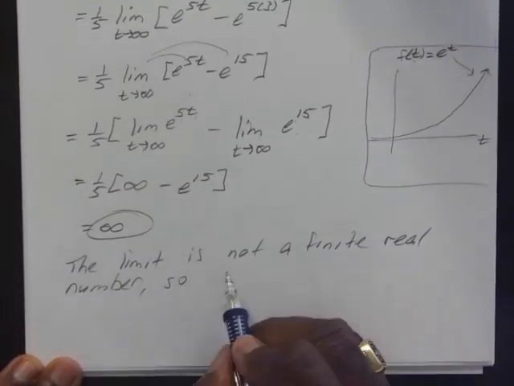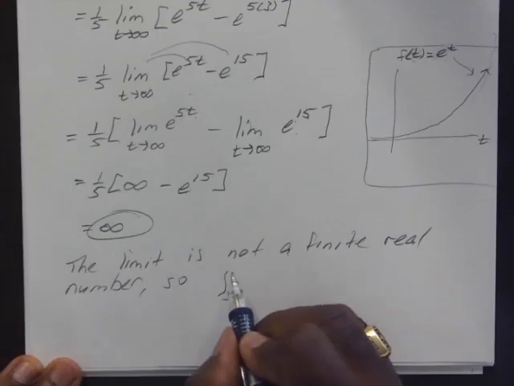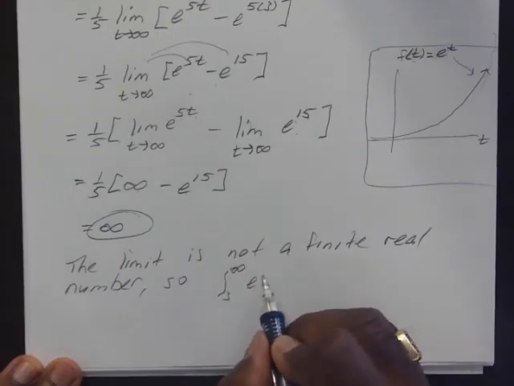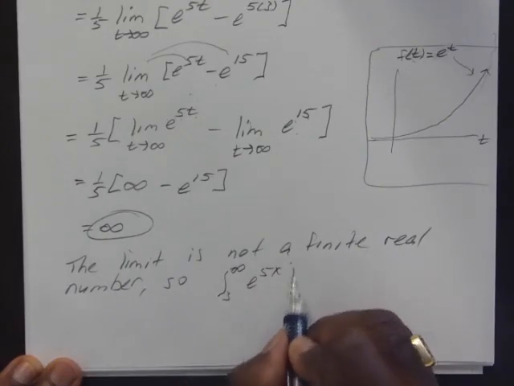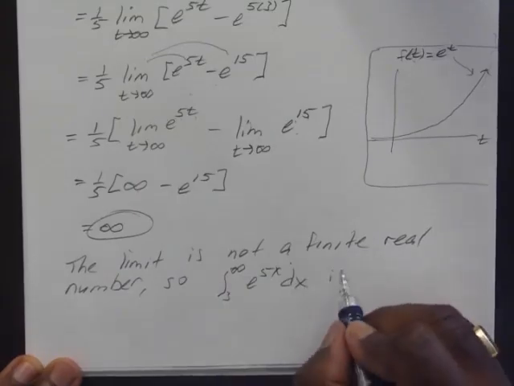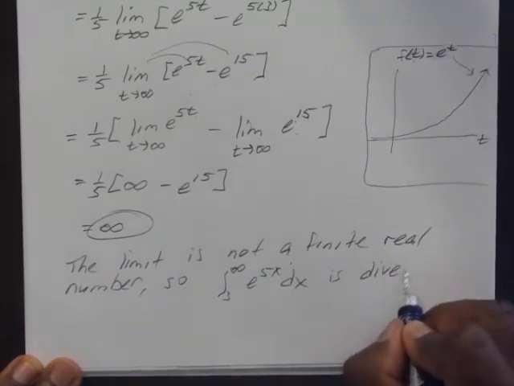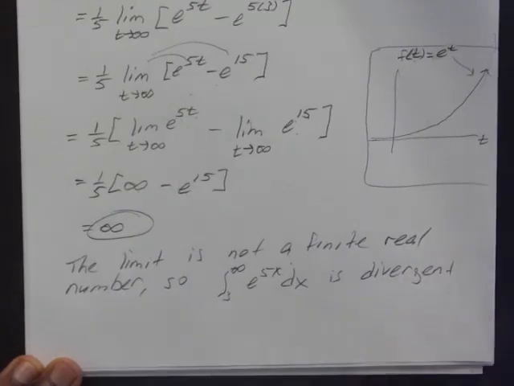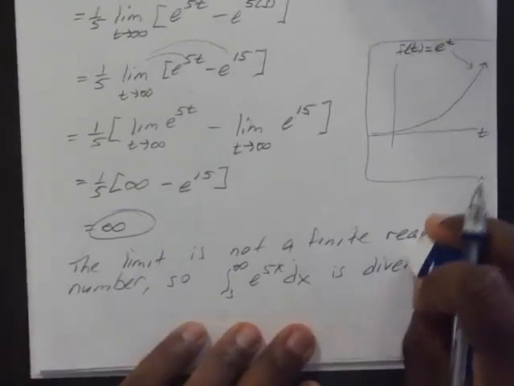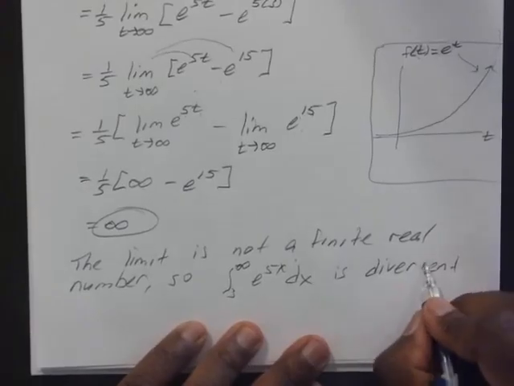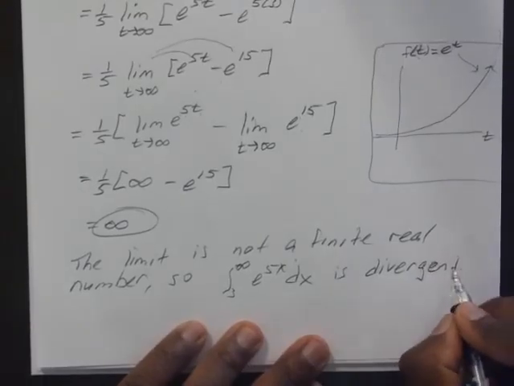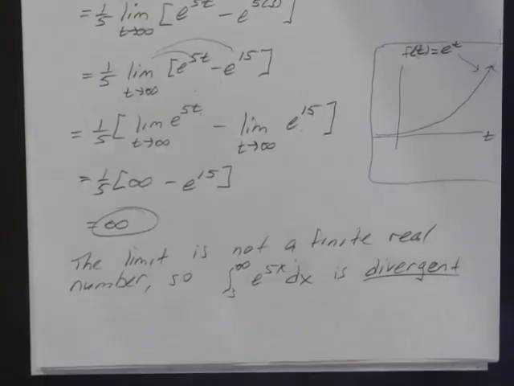So we know that the integral from 3 to infinity of e to the power of 5x with respect to x is divergent. And again, that's just in case they ask.